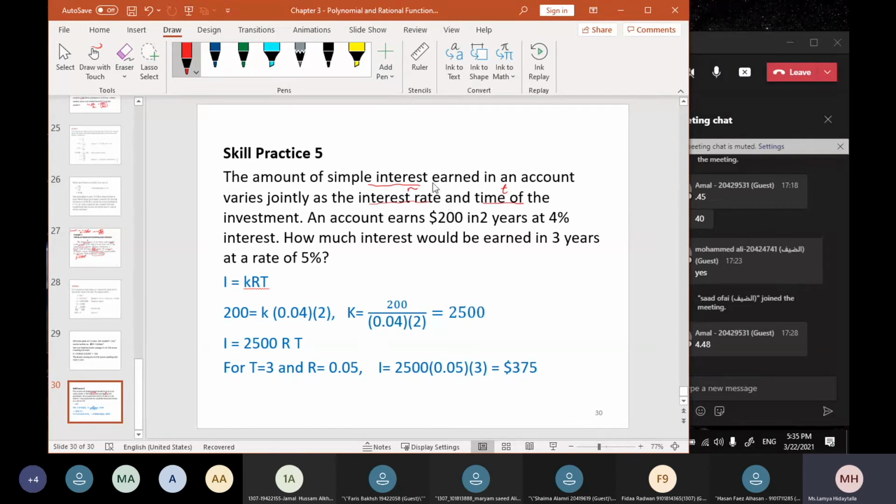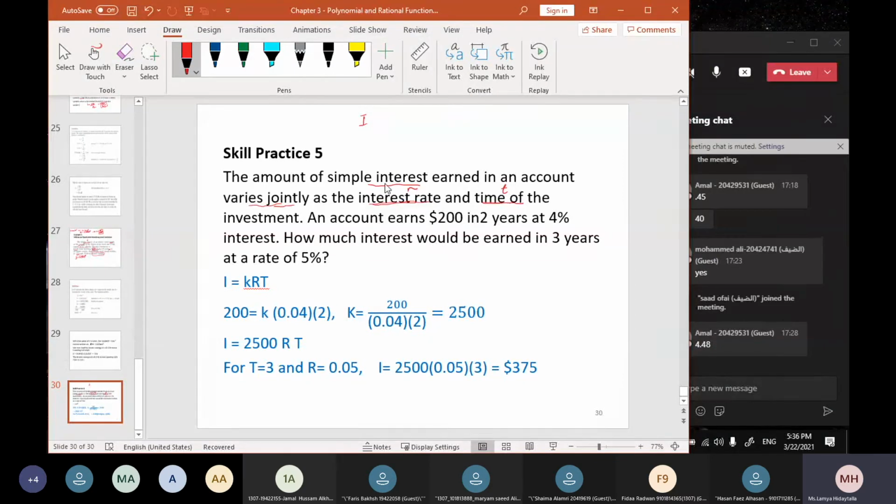Okay, so what do we have? We have the interest varies, and he didn't say inversely but only jointly, so in this case it varies directly with this and directly with that.